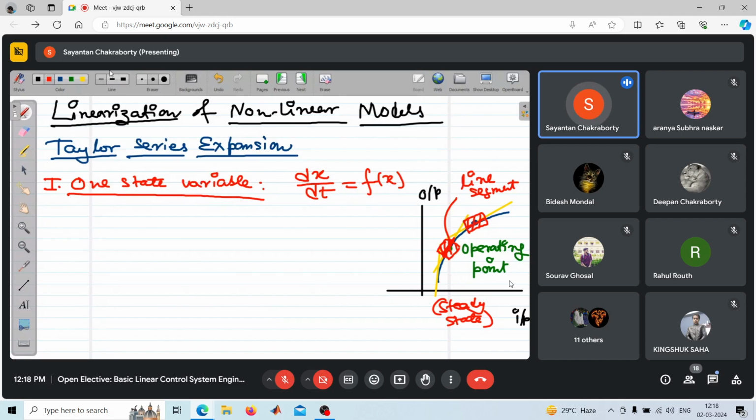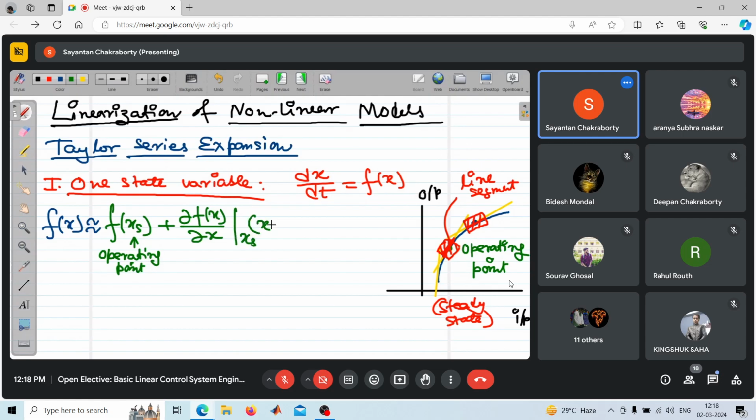this f(x) now can be approximated as f of xs, that is f(x) evaluated at the operating point, plus the first order partial derivative times (x minus xs), and so on, and higher order terms.